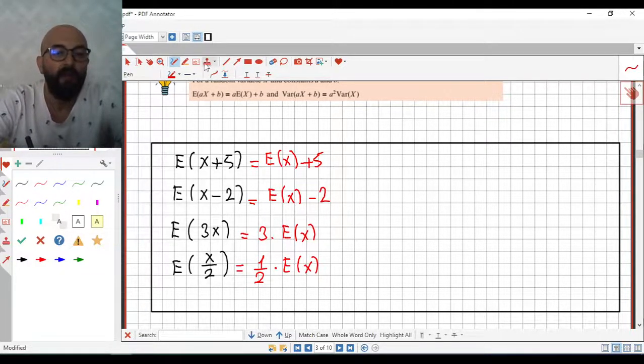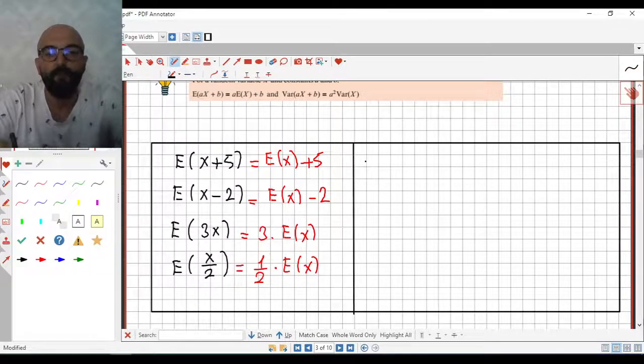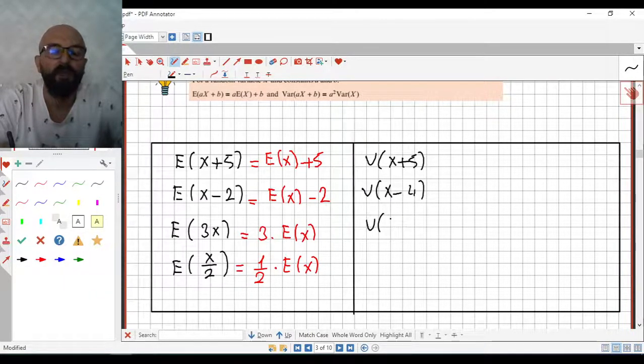Okay, but if you want something about variance, for example the variance of X plus 5, the variance of X minus 4, the variance of 5X, the variance of X over 4.